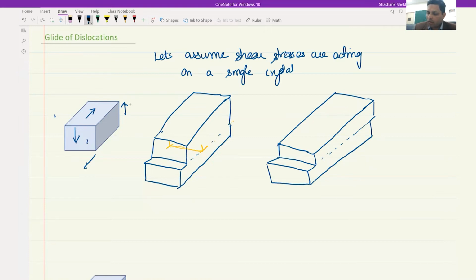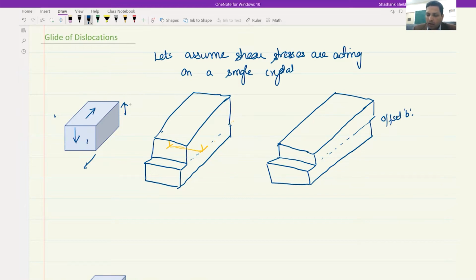So this is the initial step and this is the final step. Here I'm not showing a dislocation because the dislocation has moved out from the crystal from this end, which has created an offset of b. So offset b is created over here, and similarly offset b is created over here.